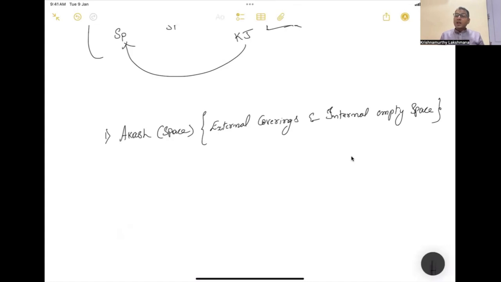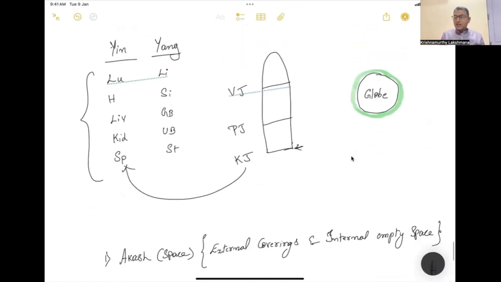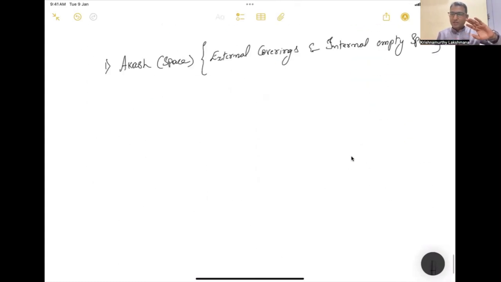Now in TCM, in our body, which is the Akash? No, Akash means the covering.